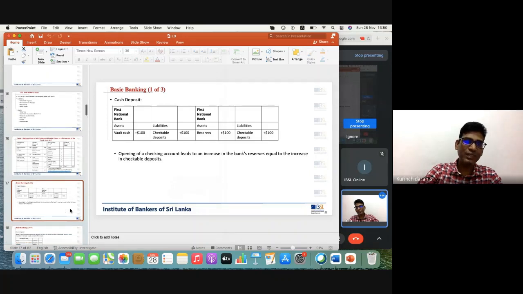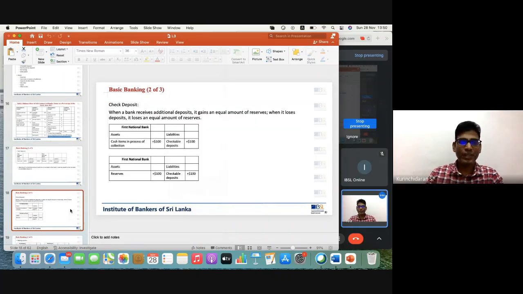Now let's see if a customer makes a check deposit into a checkable deposits account. What will happen? You always credit the customer's deposit account, but you debit not vault cash but cash items in process of collection, because it's a check.